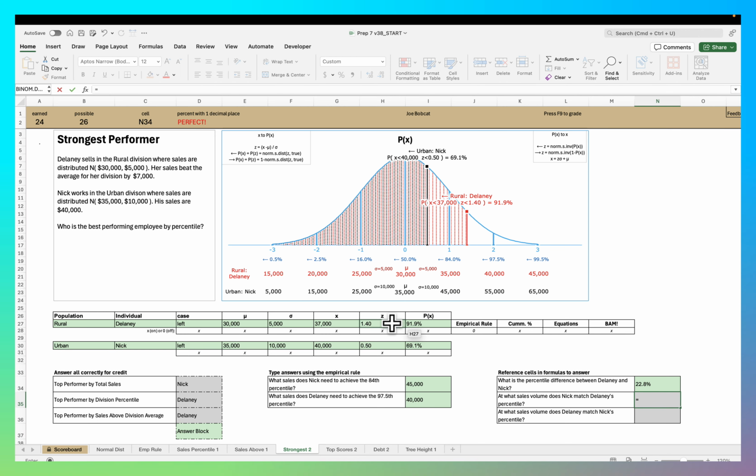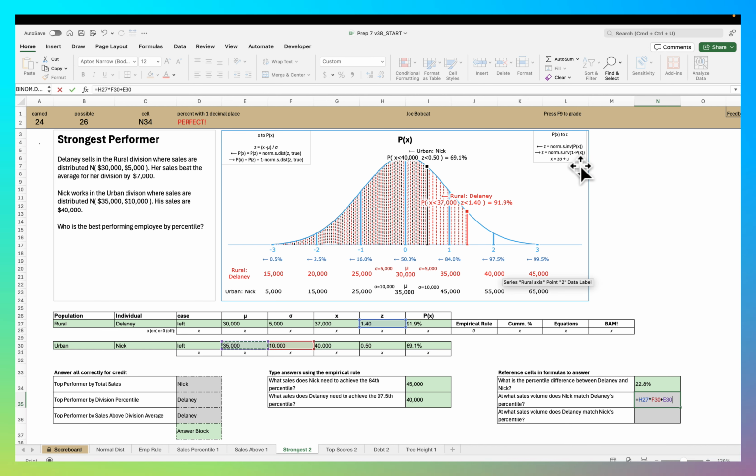Now remember, there's a direct relationship between percentile and z-score. So we're going to start with Delaney's z-score. We're going to use her z-score, pretend that Nick has it, and see if he had that z-score, what would his x value be? So we're going to say equals Delaney's z-score times Nick's standard deviation, which is this one, plus Nick's mean.